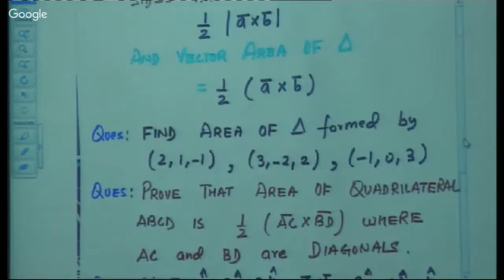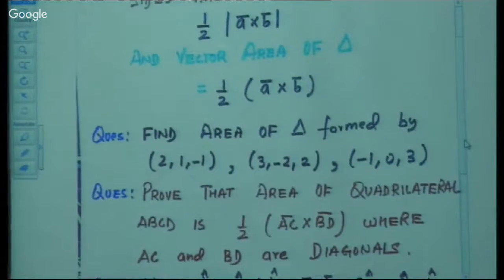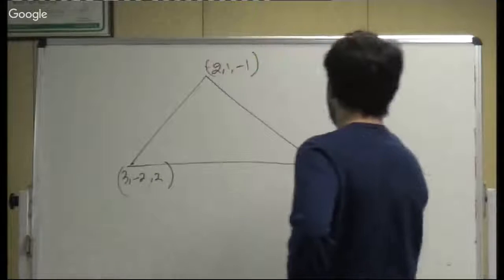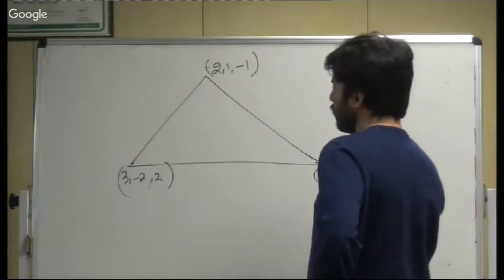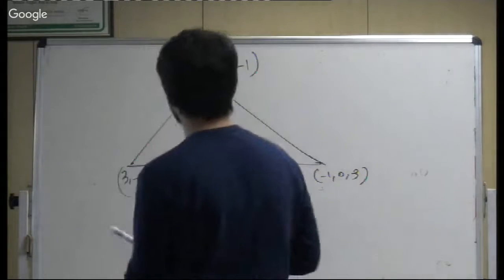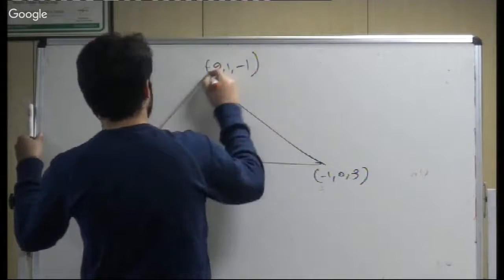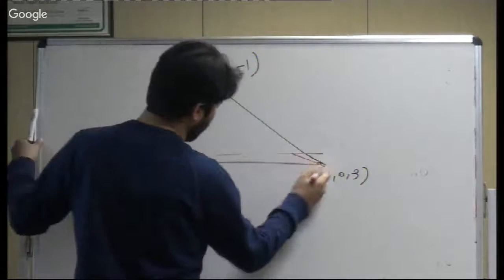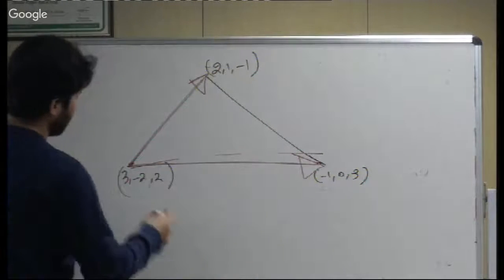So I can say, let's say the points are 2, 1, minus 1; 3, minus 2, 2; minus 1, 0, 3. These are the two vectors I'm choosing. I could have chosen any pair, but I just chose this.